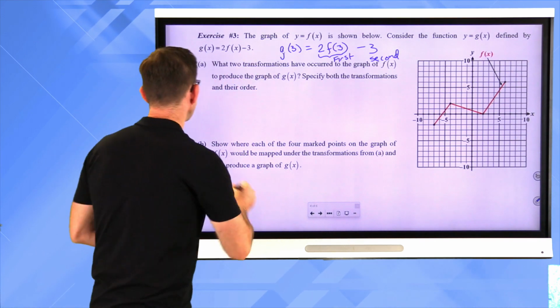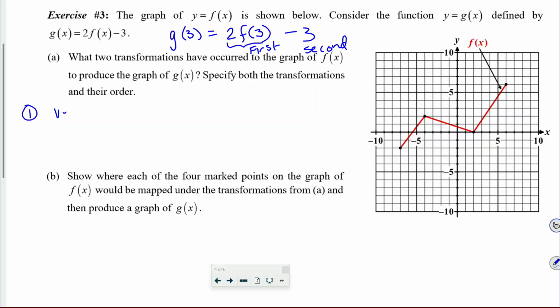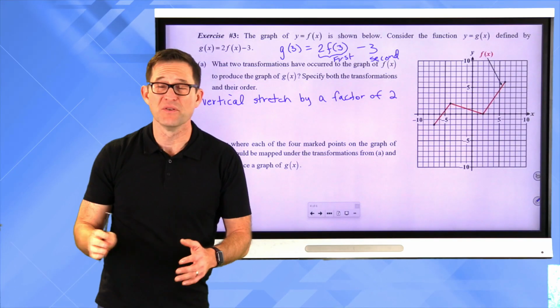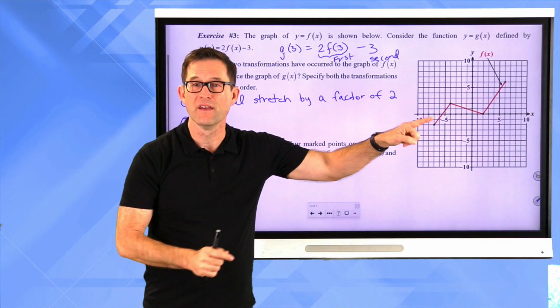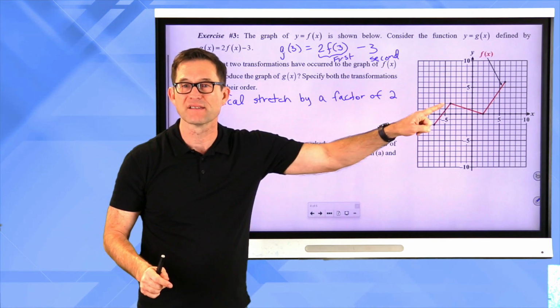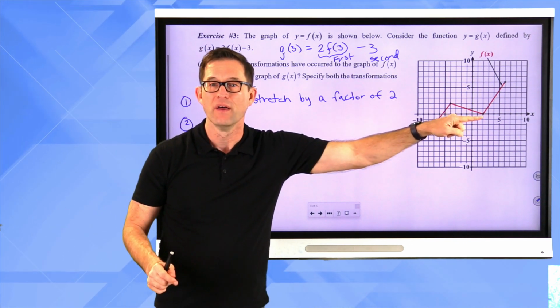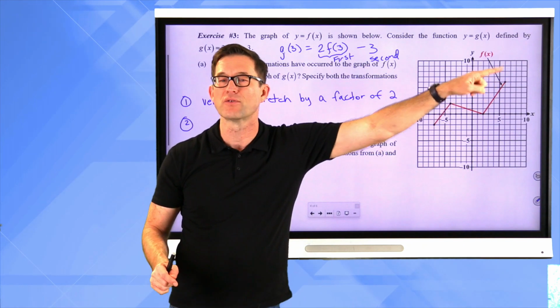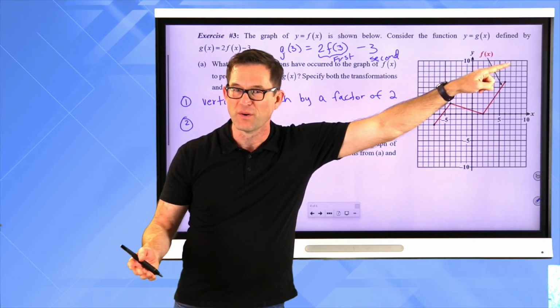And that is going to be a vertical stretch by a factor of 2. Now you could almost think about producing that graph. You could make this one twice as far below the x-axis, this one twice as far above, this one twice as far below, this one twice as far above.